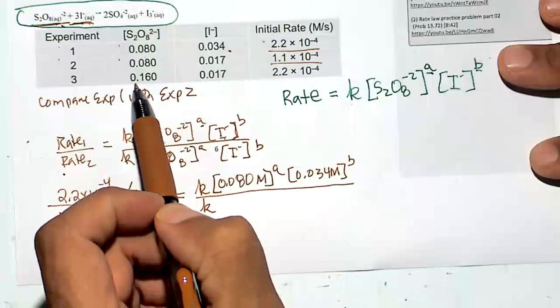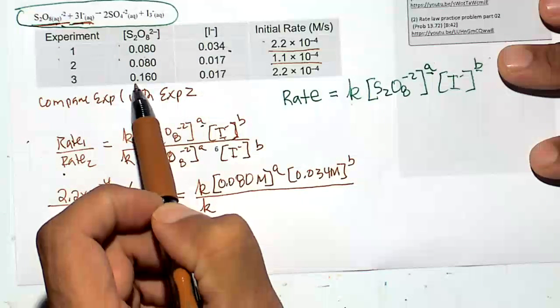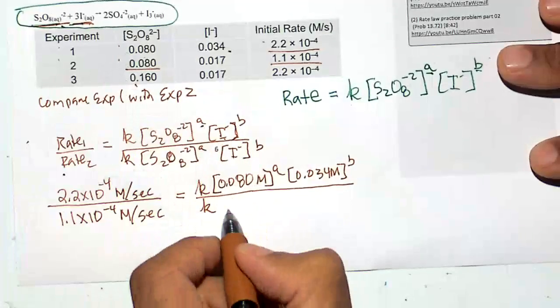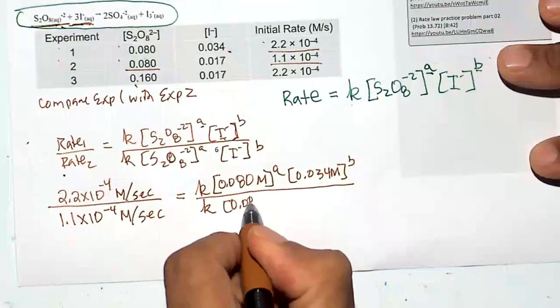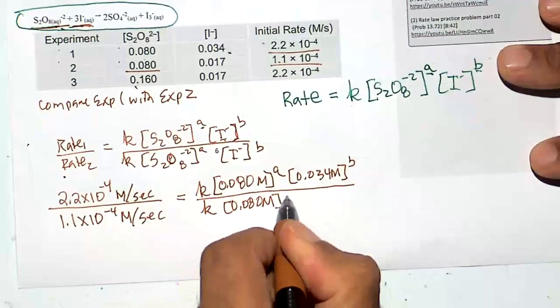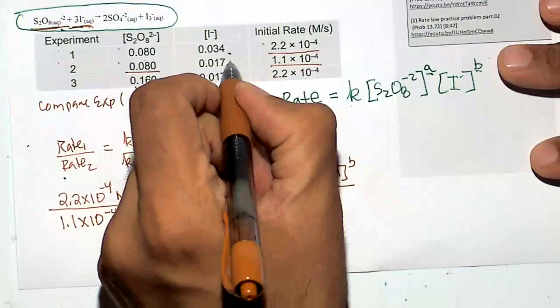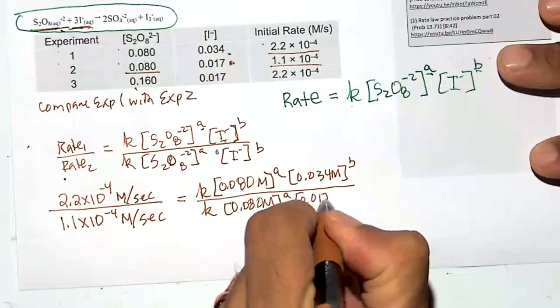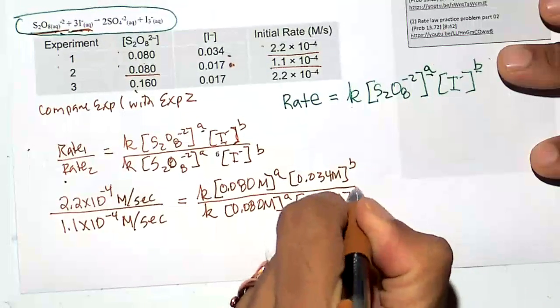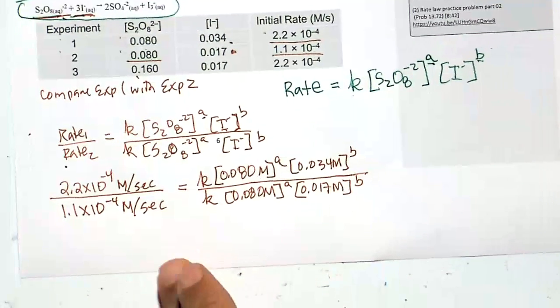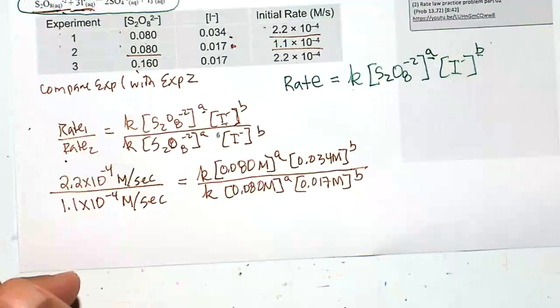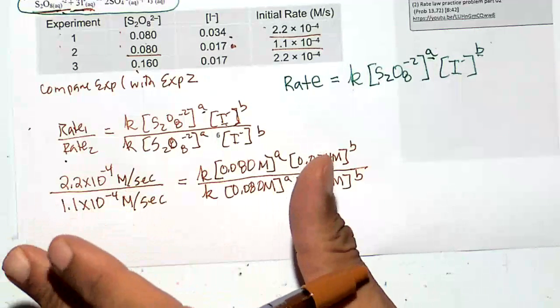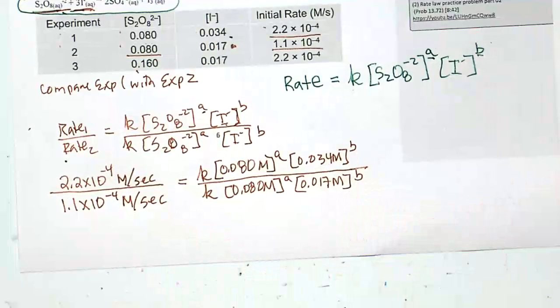What's the concentration of S2O8 for experiment 2? 0.08 M. And what about I minus? 0.017 M. Is everyone okay with this?